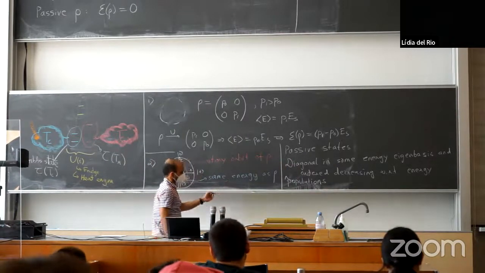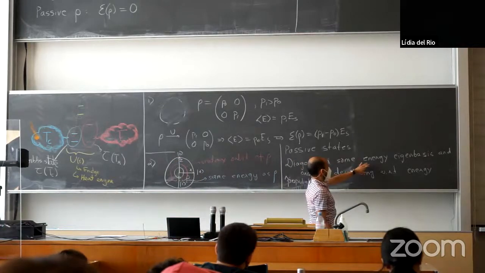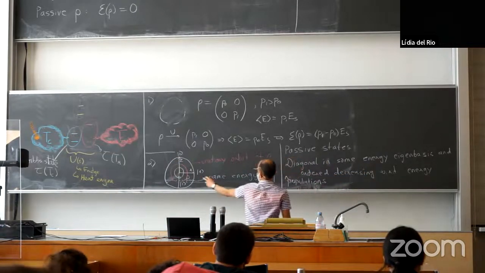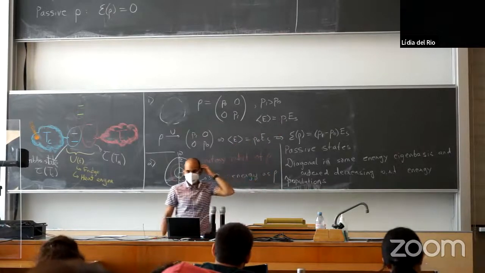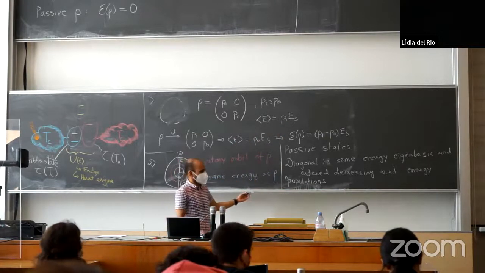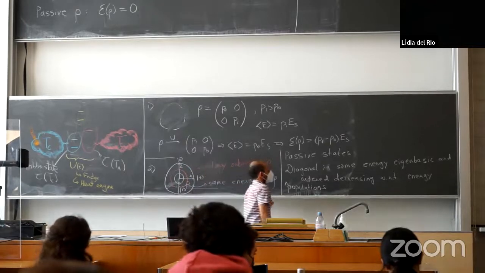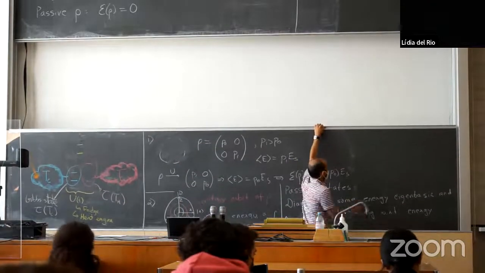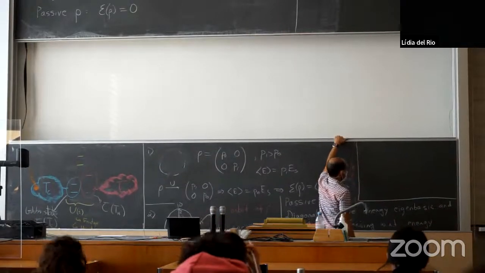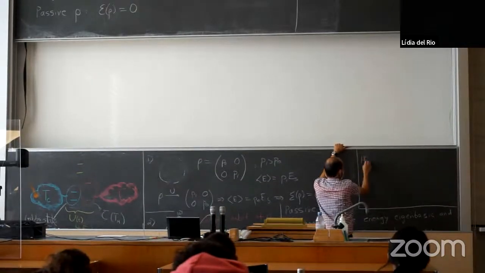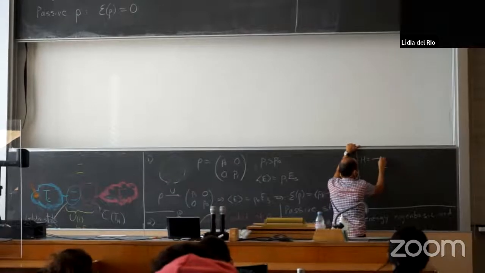Now, the reason I said it has to be diagonal in some energy eigenbasis is that you might think, from here, I've only talked about coherence between different energy eigenvalues, so why not have coherence between degenerate states? You have to be kind of careful, and this is a little example to show you what can happen. So imagine that the Hamiltonian is the following.